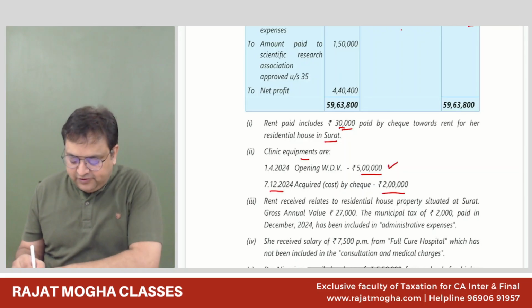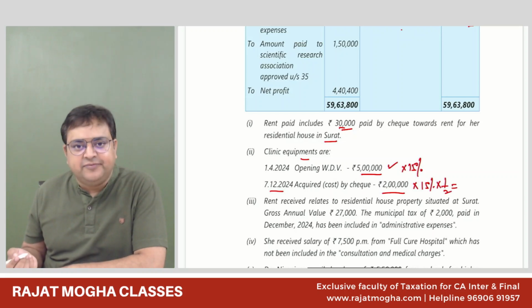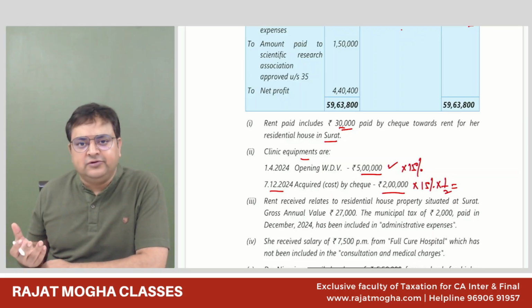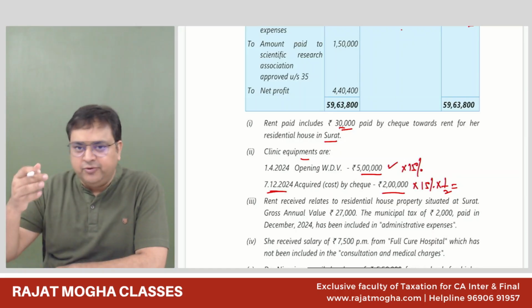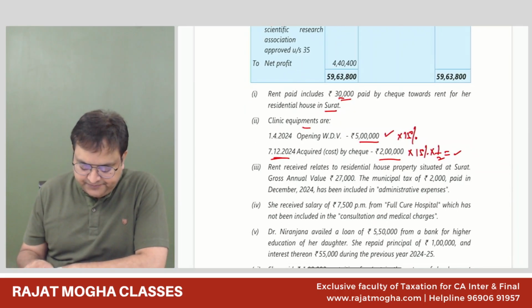So on 5 lakh you will apply 15% depreciation, and on 2 lakh you will apply 15%, but for half, 1 by 2, 7.5%, because it is acquired, and we will assume that it is put to use on the same date. You will compute the days, you will get less than 180. So it would be half depreciation over here.